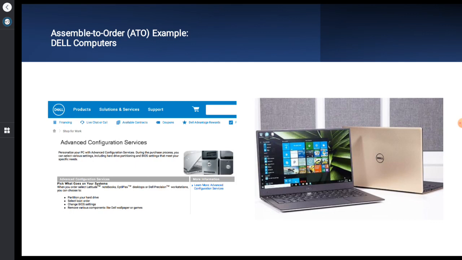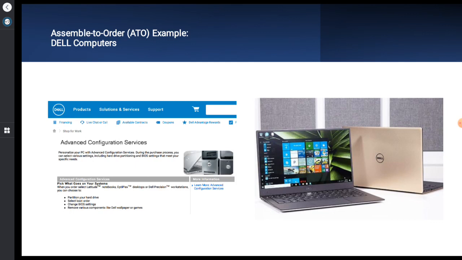So basically, you as a customer can go to the website of Dell, for example, and go to the advanced configuration services and pick whatever you prefer and whatever you need from the different choices available on their website. So you pick your processor capacity, your keyboard, the size, like how many inches you want your laptop, whether the screen is touch screen or not, and if it is a gaming PC or not, whatever, as you like.